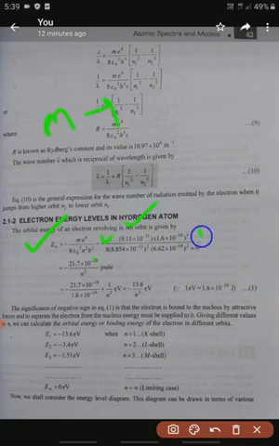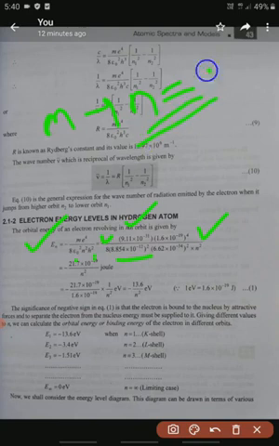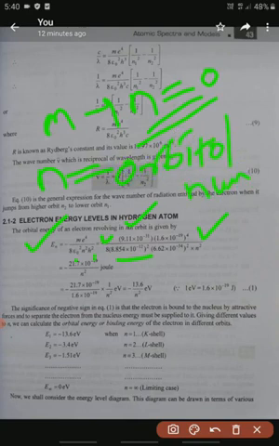E is the charge, 1.6 into 10 power minus 19 coulombs, and epsilon naught is the permittivity of free space, 8.85 into 10 power minus 12. N is the orbital number, also called the principal quantum number. H is the Planck constant, 6.625 into 10 power minus 34.